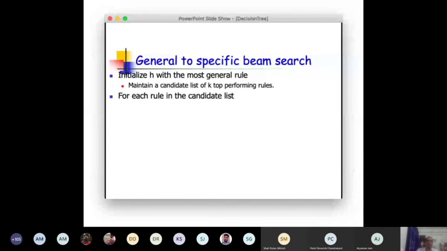If you consider each rule from your candidate list, we started with the empty clause. That means any attribute present in your training example with some value will provide you one such particular condition of the clause.